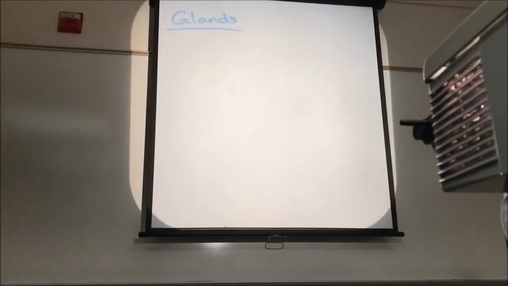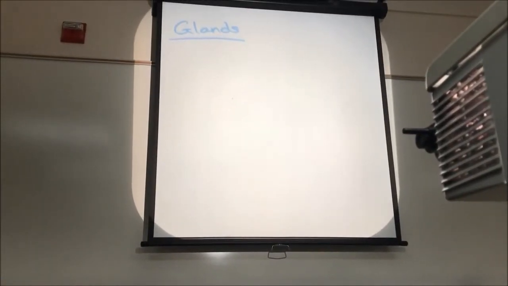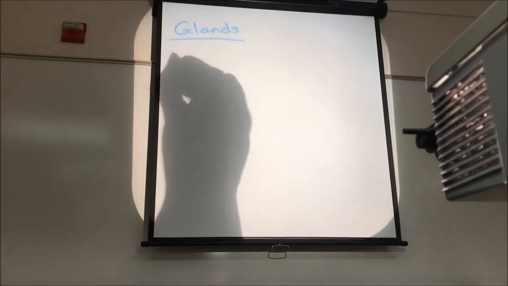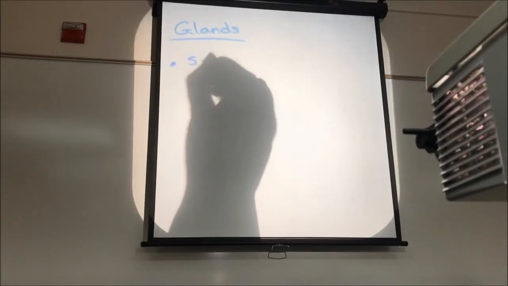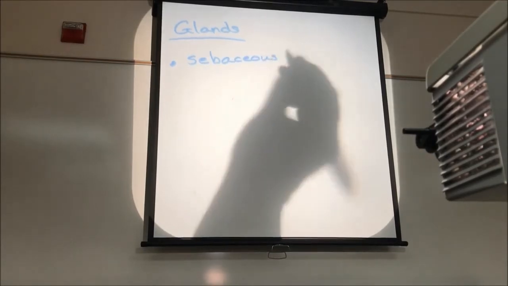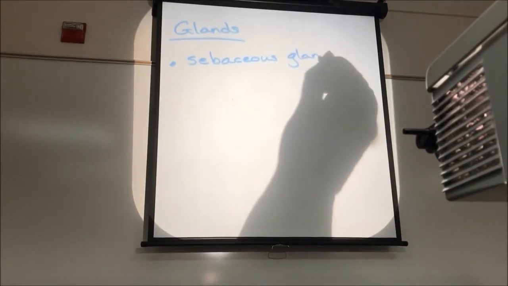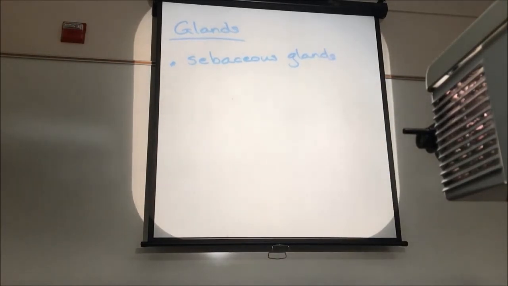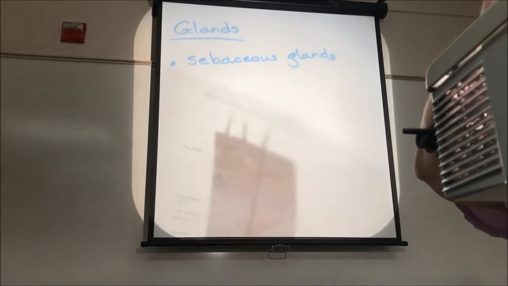All right, let's talk about some of the glands that are part of the integumentary system. We've talked about one already, kind of in a roundabout way. These are the sebaceous glands. These are associated with hair follicles.